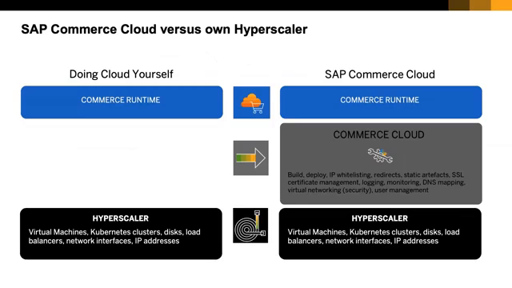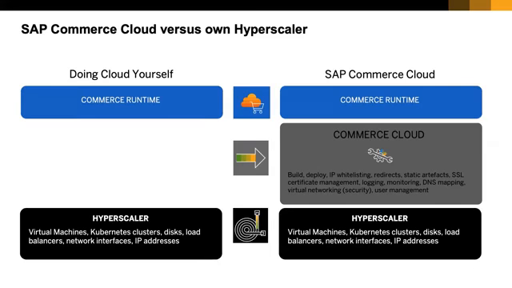So what is the difference between SAP Commerce Cloud and just owning your own hyperscaler? You may think that, okay, I can go directly to Microsoft Azure or AWS and create my own, and deploy my commerce there. Yeah, that's true.